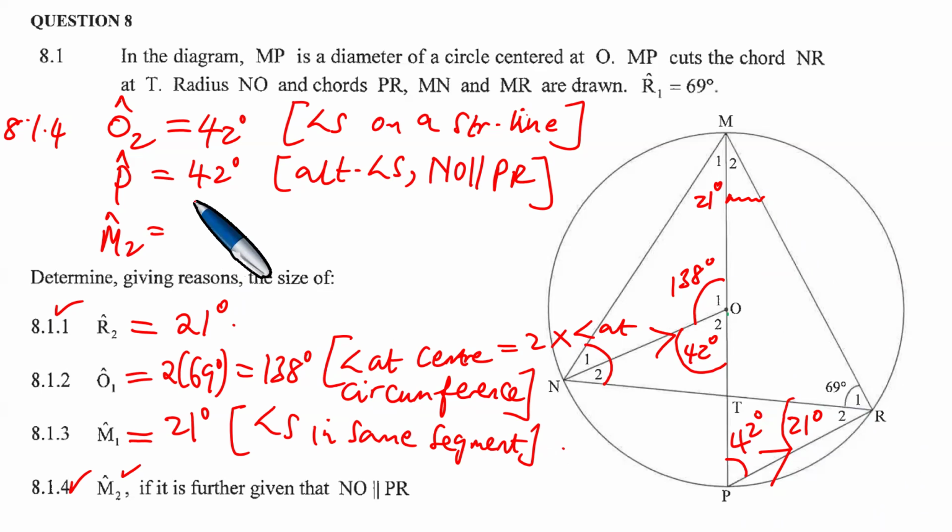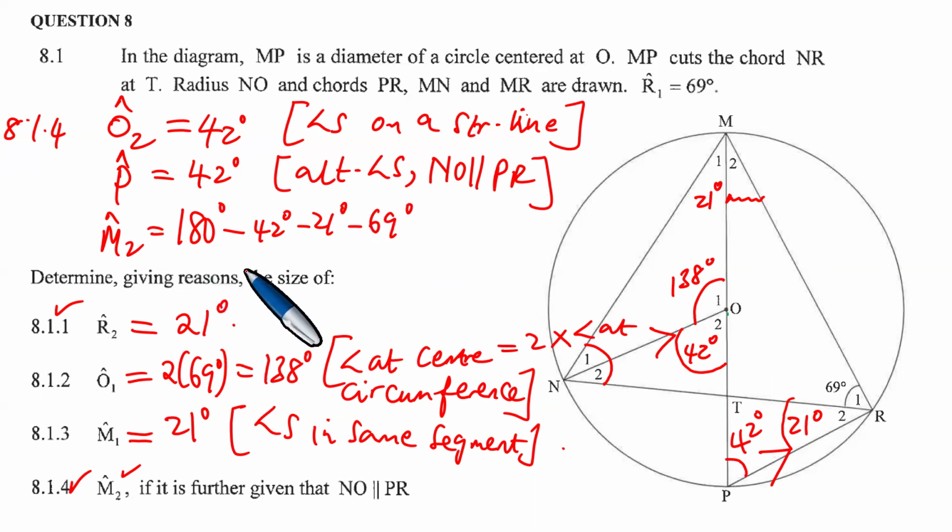Which means it's going to be 180 degrees. To get M2, it is 180 degrees minus 42 degrees minus 21 degrees minus 69 degrees.